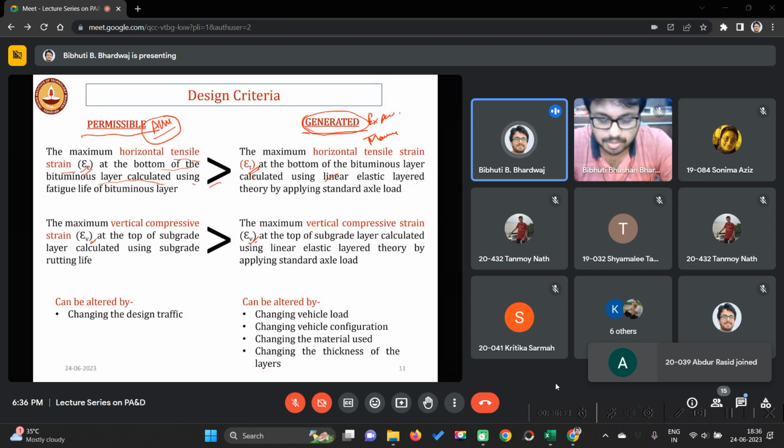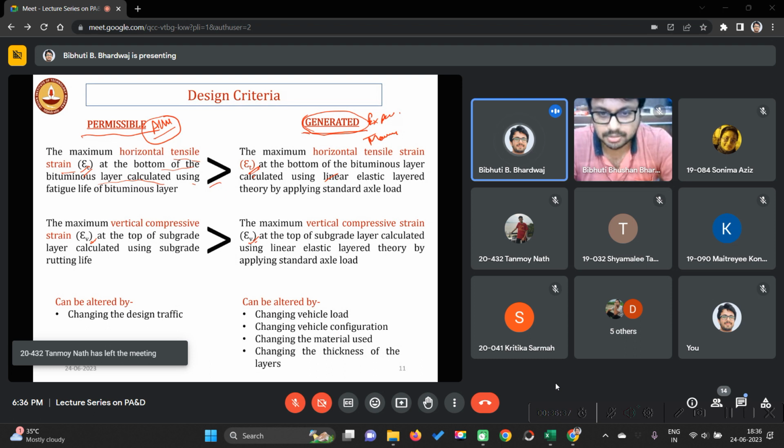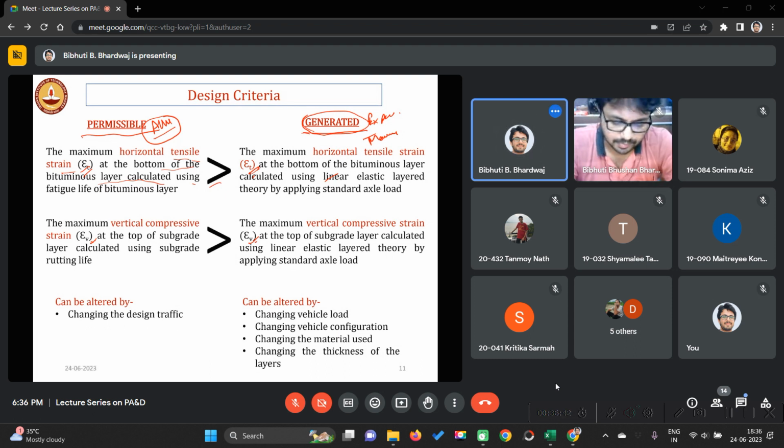So what if the Poisson's ratio changes? For that we use software like CanPEF or IIT PEF. Okay, so there you simply put in the values and directly get epsilon t and epsilon v. So simply you need to check. Okay, we will do one numerical there, you will understand.